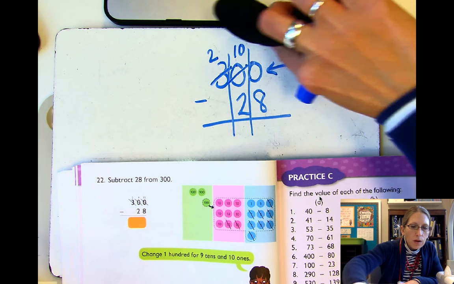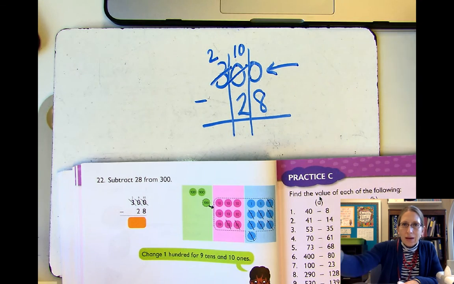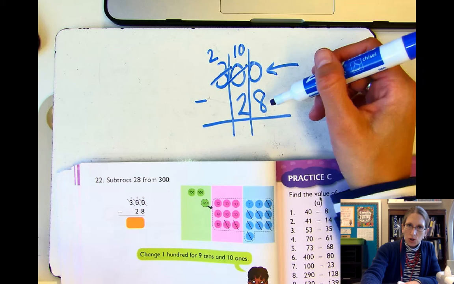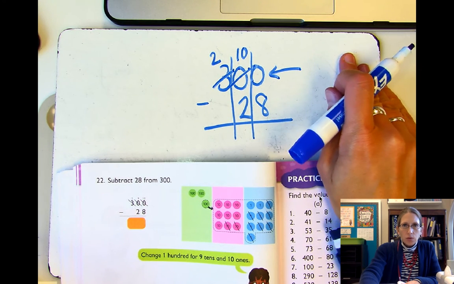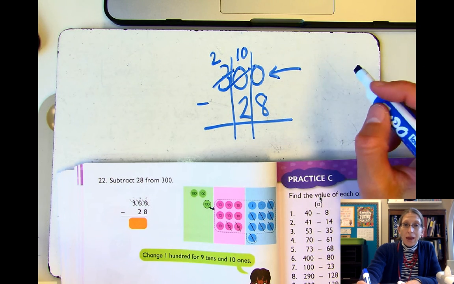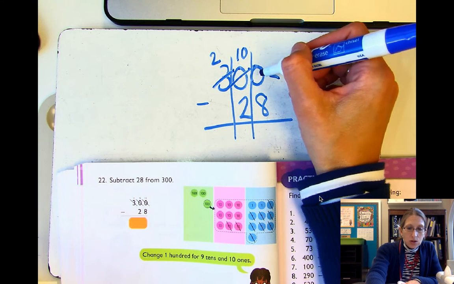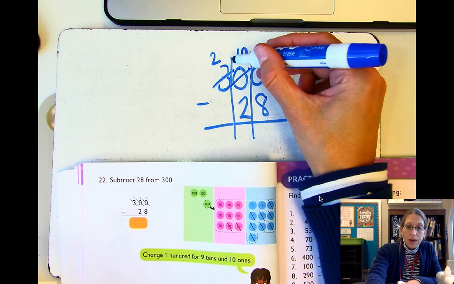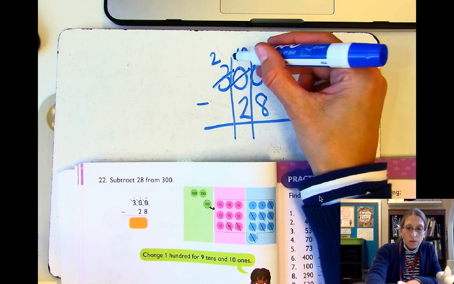But if you look at our problem here, can I subtract in the ones place? No, I still can't do it. So what do you think we're going to do? Yeah, we're going to rename again. So we still can't subtract in the ones place. So we have to rename this again. I'm going to take one of my tens.